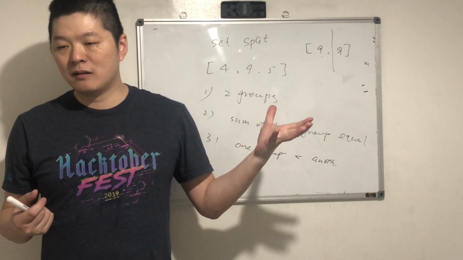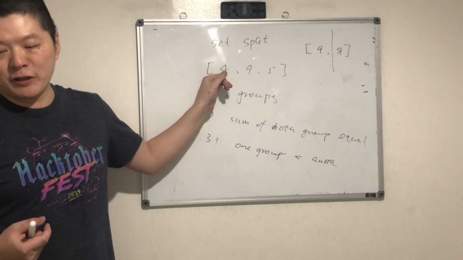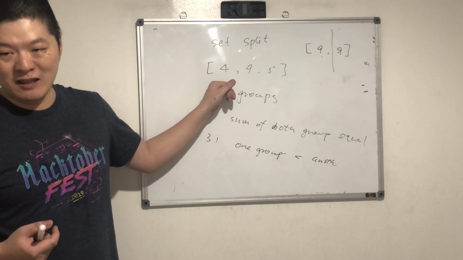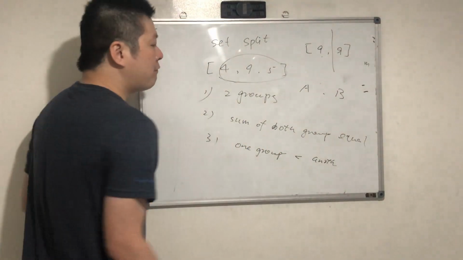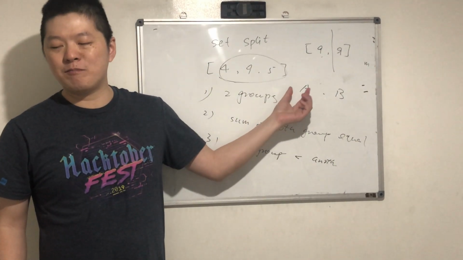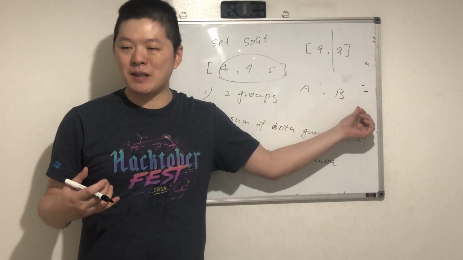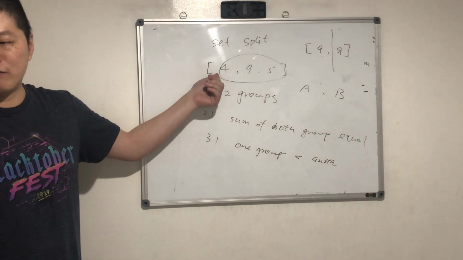For each number, we can try to pick it in one group or not. So eventually the numbers will be in two groups, A and B. If we decide the numbers to put in A, then we also decide the numbers in B. So for each number, I have two choices.